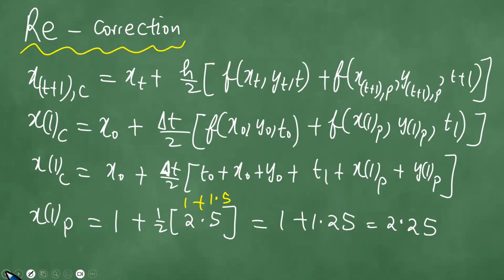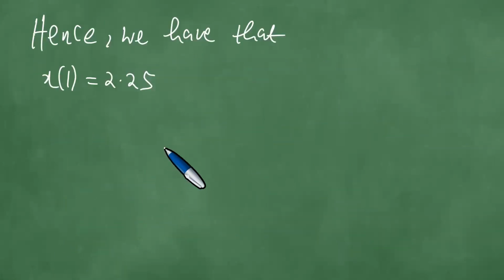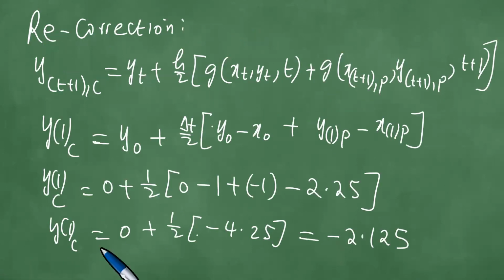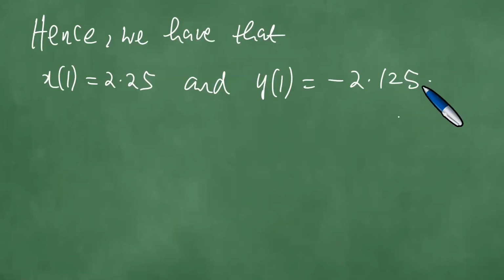Let me just check that. Yes, 2.25. And the y1 is minus 2.125, like so. Okay, there are a couple of ways to do this, which obviously I'm going to explore at some point, to make sure that one understands that these can be largely simplified.